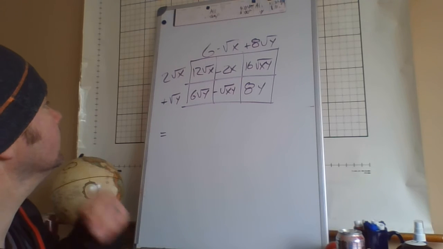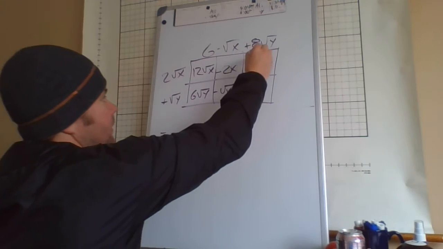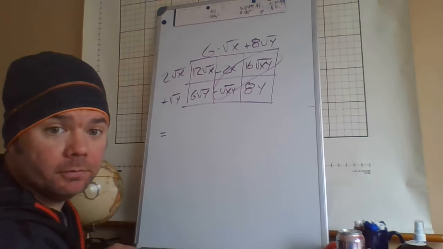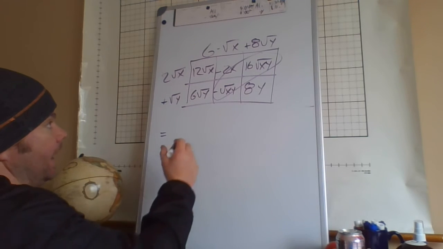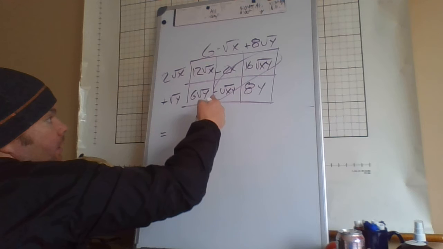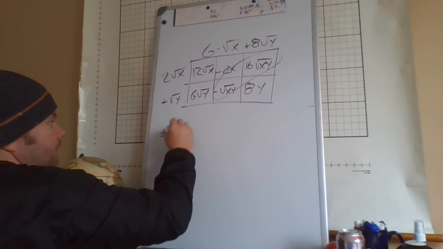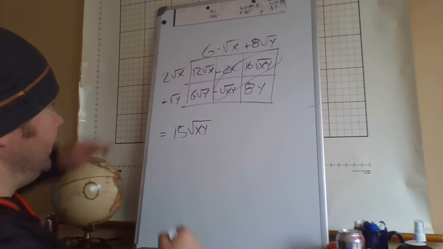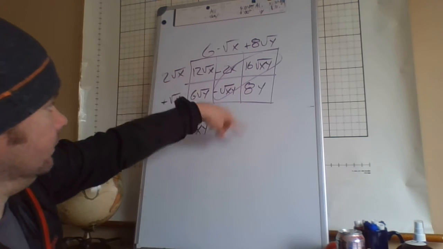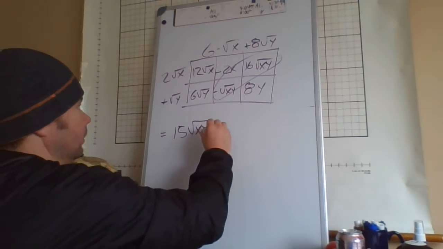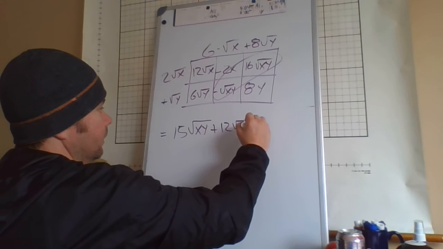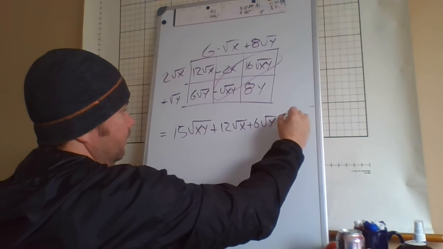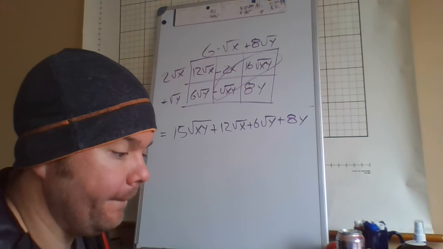I only have these as like terms, so I'll start with that. 16 square root of xy, negative 1 square root of xy is 15 square root of xy. And then none of these are going to combine. So I'm just going to go 12 square root of x plus 6 square root of y plus 8y.